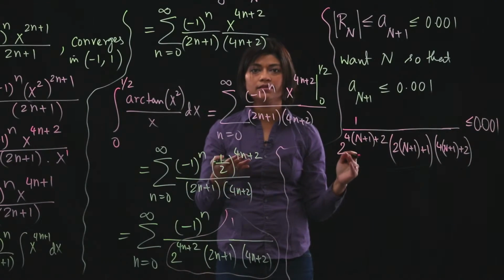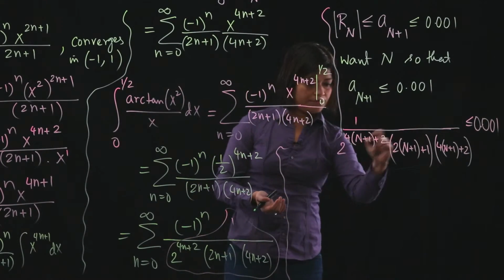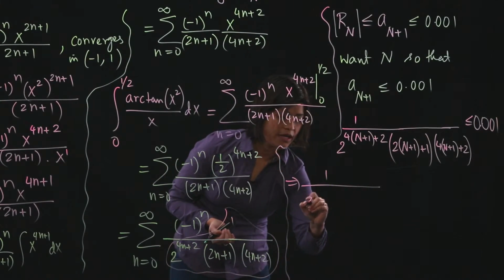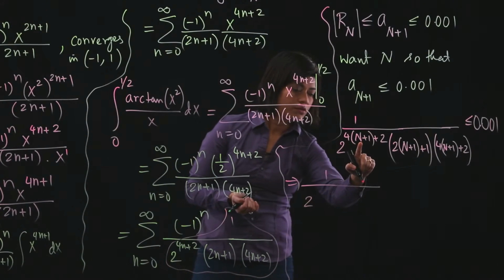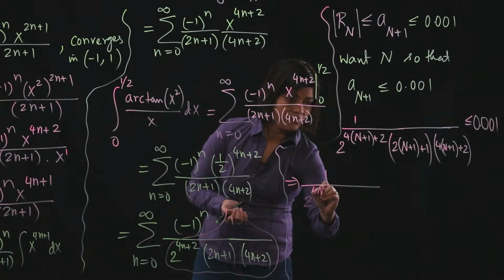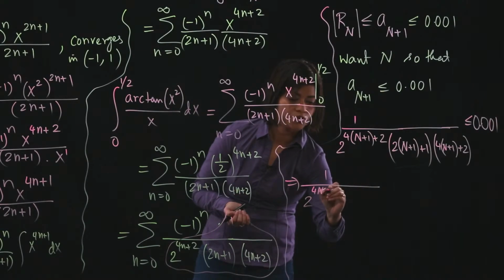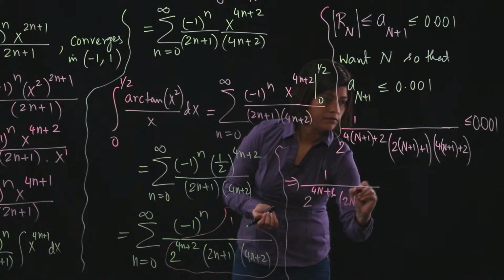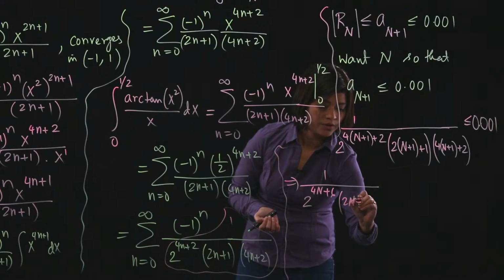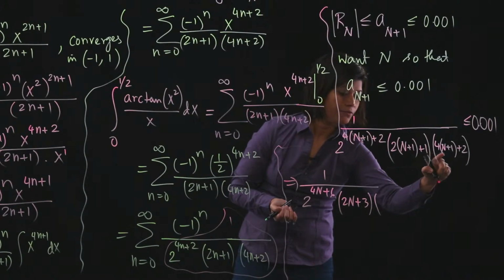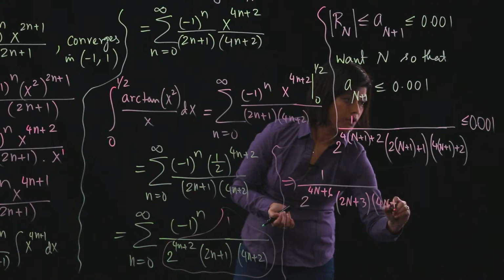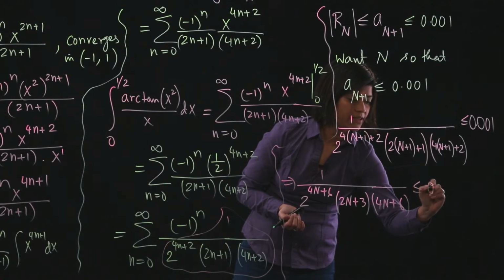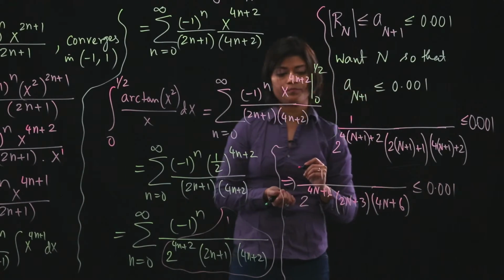Figure out for which n this will happen. If you want to simplify a little bit, you have 2 to the power 4n plus 4 plus 2, so 4n plus 6, times 2n plus 2 plus 1, so 2n plus 3, and 4n plus 4 plus 2, 6. That has to be less than or equal to 0.001.